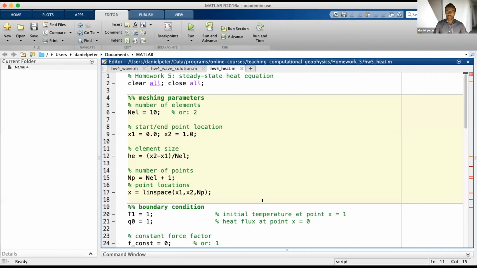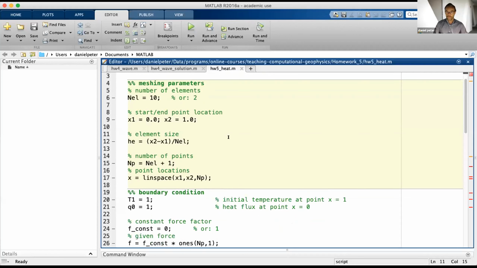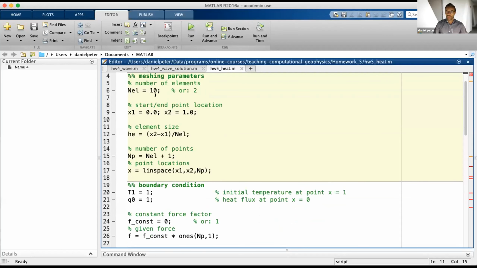For the template, I can quickly try and show you that as well. See if I find it here. Good. So this will be a homework 5 template about the steady state heat equation or diffusion equation. On top you have the number of elements which you can play with.